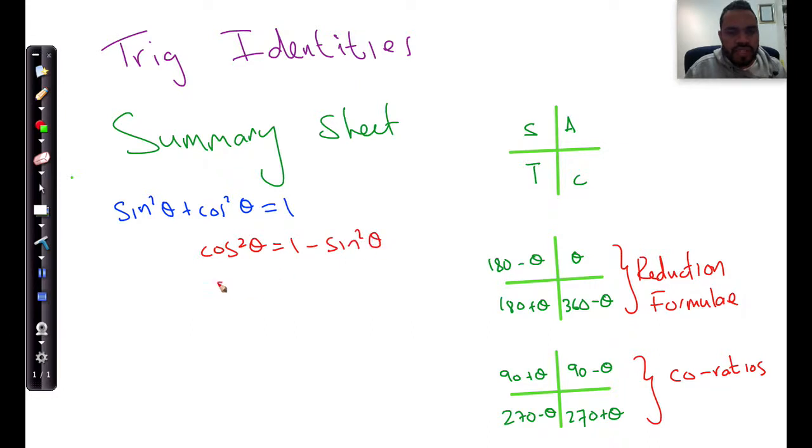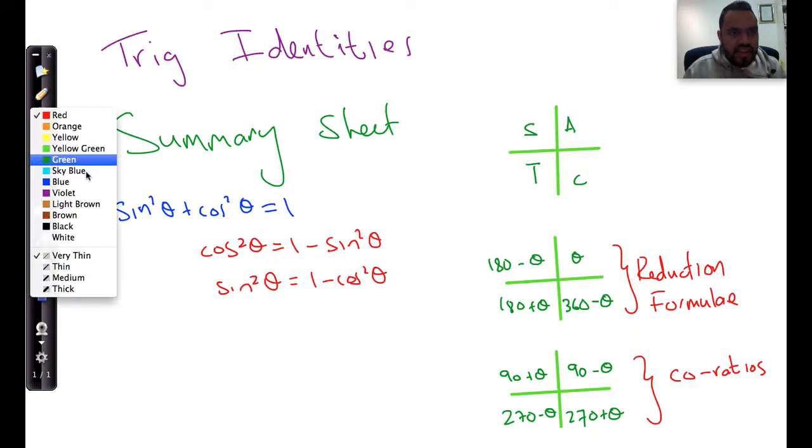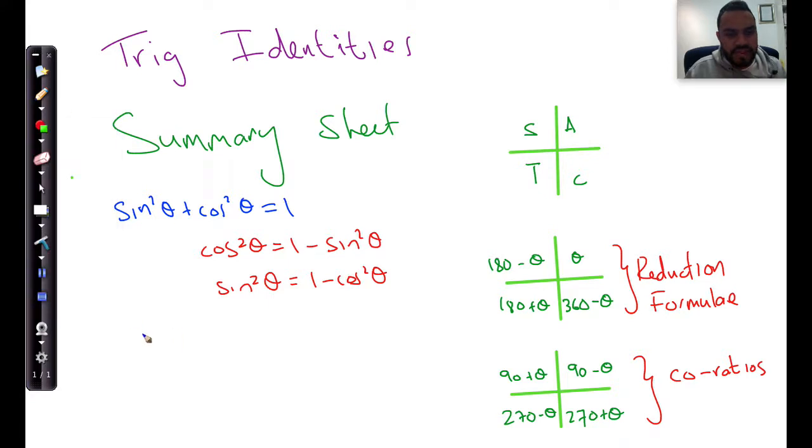And the other one will be sine squared theta is equal to 1 minus cos squared theta. And then you have another identity from grade 11. That is sine theta over cos theta is equal to tan of theta. And that's important that we see over there. So that actually covers the primary identities that would have been covered in grade 11.